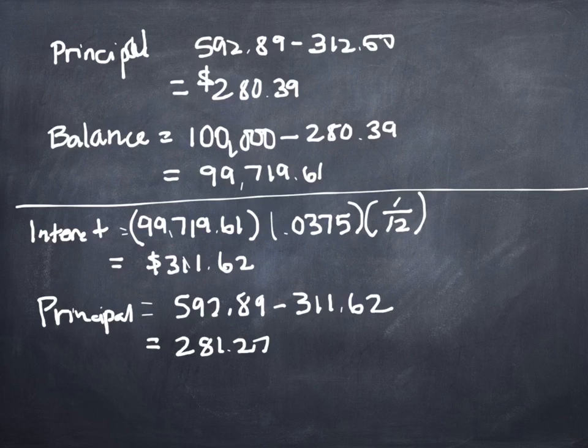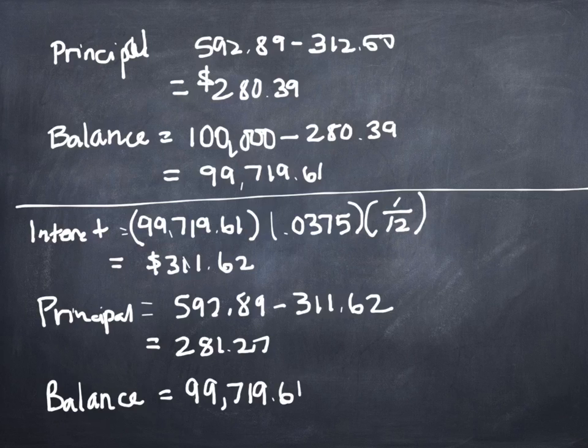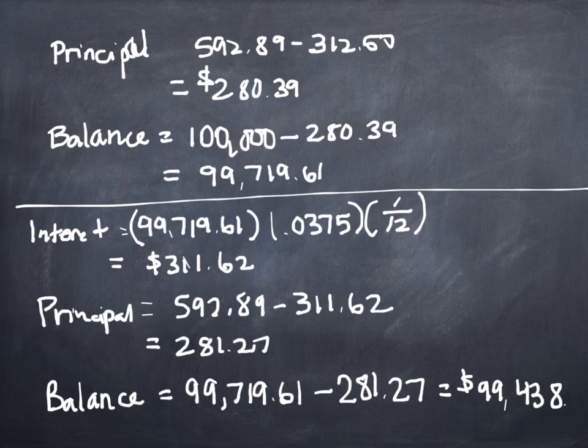All right, so then, again, we're going to do the last piece, which is the balance on the account. The balance would be taking that $99,719.61 and taking off the principal payment that we just made, $281.27, and we would be left with $99,438.34.